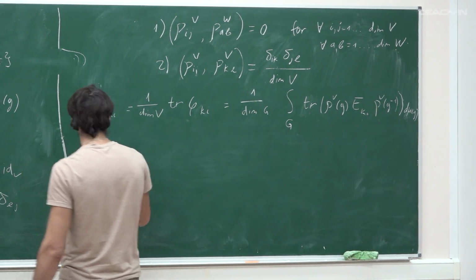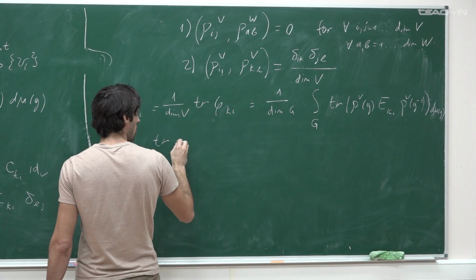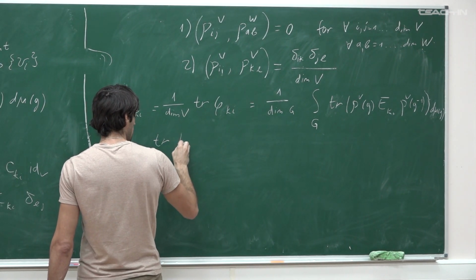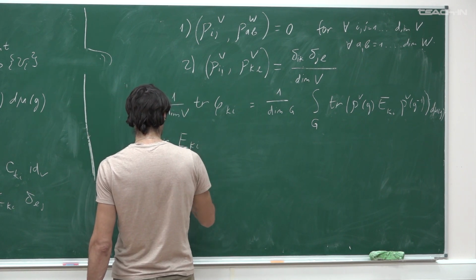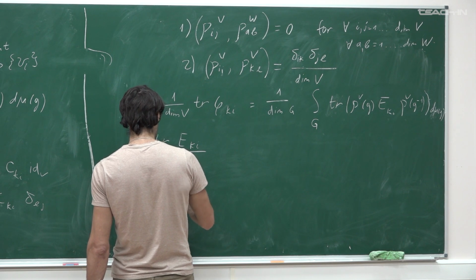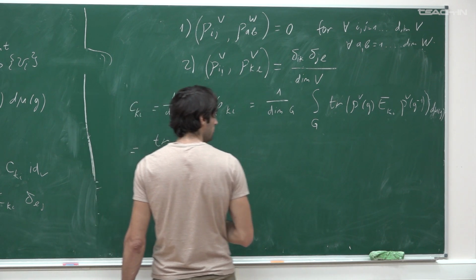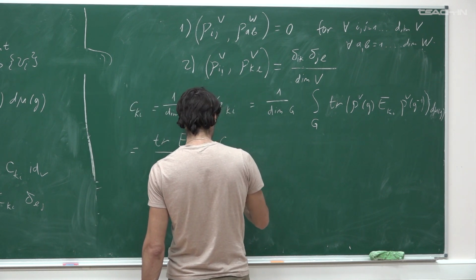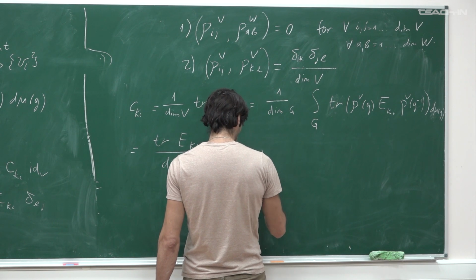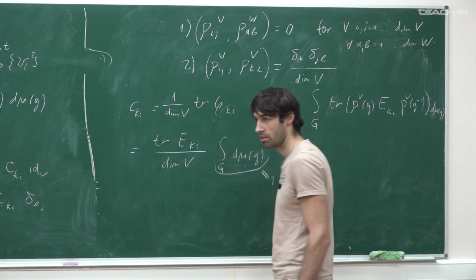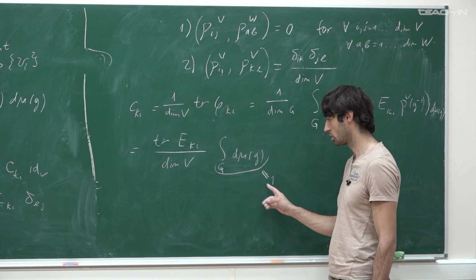So actually what I get here is just trace of e_ki over dimension of V times the integral of d mu(g). But we chose our Haar measure in such a way that this is 1.